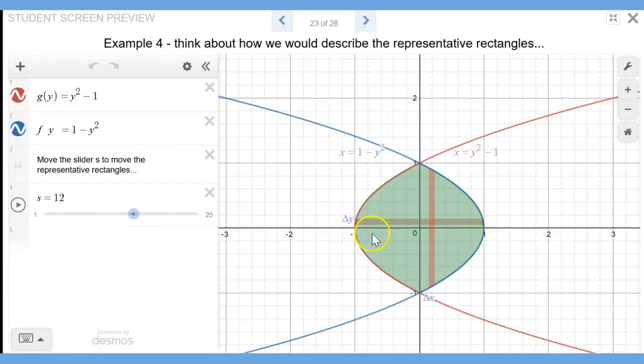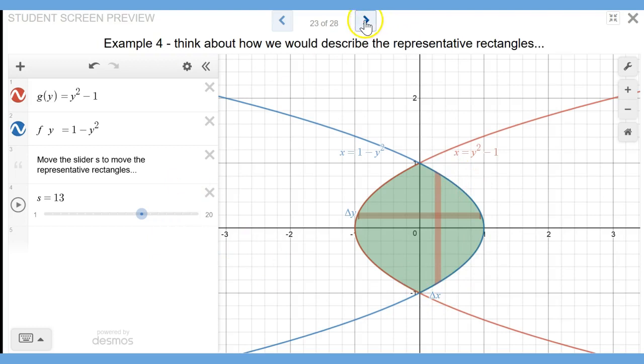So if we integrate with respect to x, we have these vertical rectangles. We would need to get these curves in terms of x, because the top of the rectangle is going to be coming from a function of x and the bottom of the rectangle is going to be coming from a function of x.